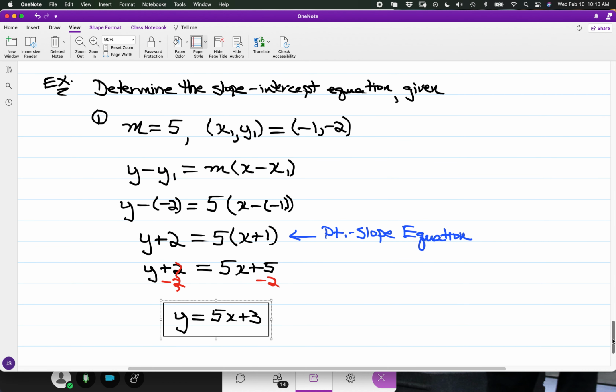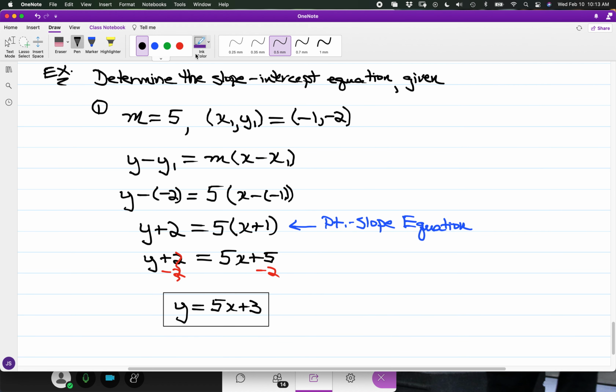So we have in this particular format, whatever's next to x is going to be the slope. So here we have the slope-intercept equation. And again, we had the slope m is equal to 5.